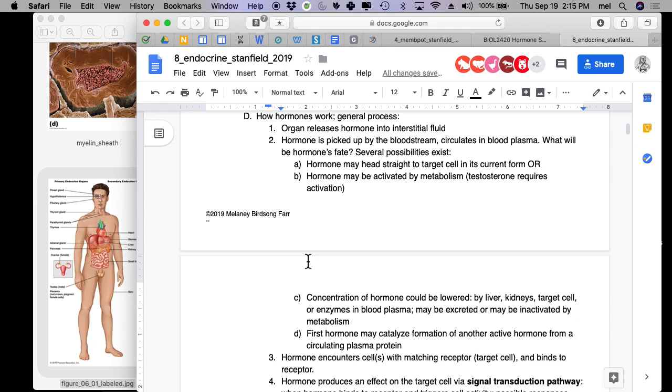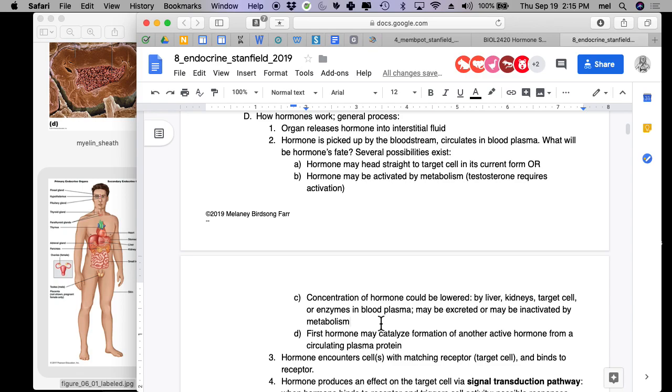Okay. So there are other things that can happen. Here's another thing that can happen. Since it goes through the bloodstream, the concentration of the hormone is impacted by your liver and kidney activity. Liver and kidney usually will break down your hormones. If your liver is overzealous and is breaking down the hormone too much, it will look like you don't have enough of it, but do you want to add the hormone back?